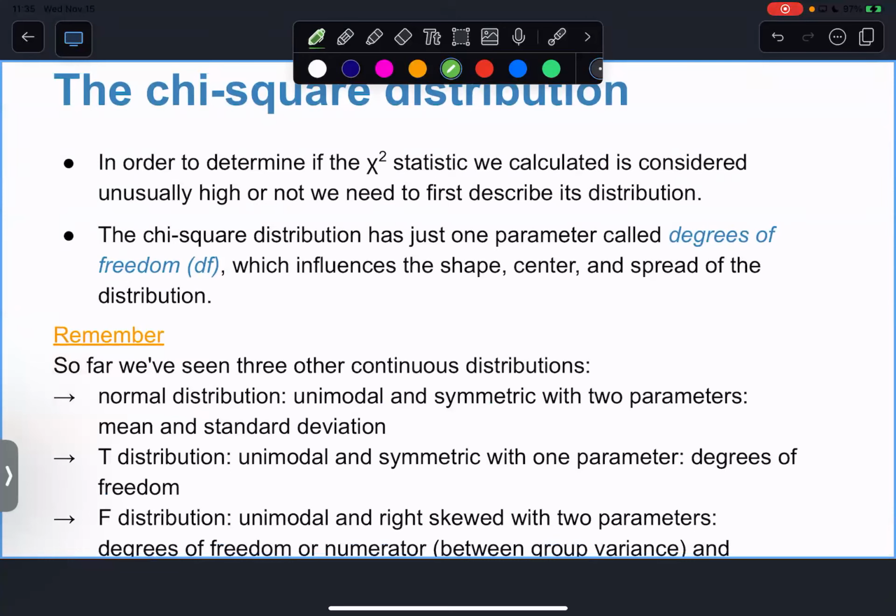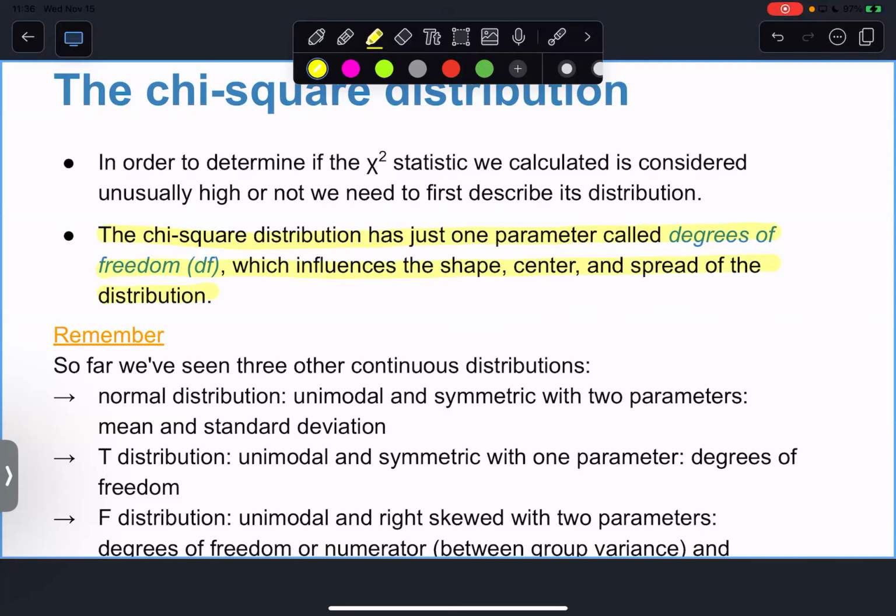So we're used to calculating a Z, and then we can find the probability of that Z or seeing something more extreme using the Z table or using Excel. And so now we need the chi-squared distribution. And this chi-squared distribution has a parameter called the degrees of freedom, which determines the shape, the center, and the spread of this distribution.